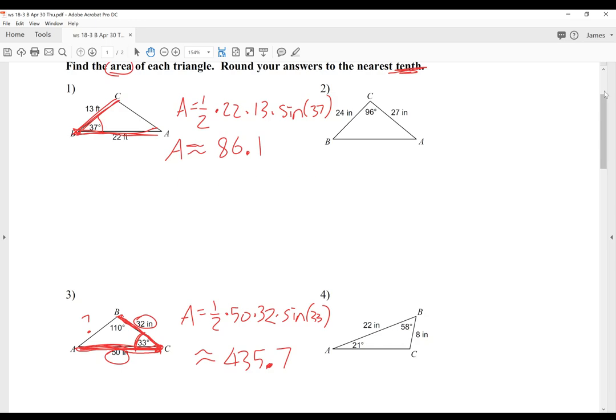Area is measured in units squared, such as inches squared, miles squared, or square feet. Feet is just length, how long it is, and area is always in feet squared.